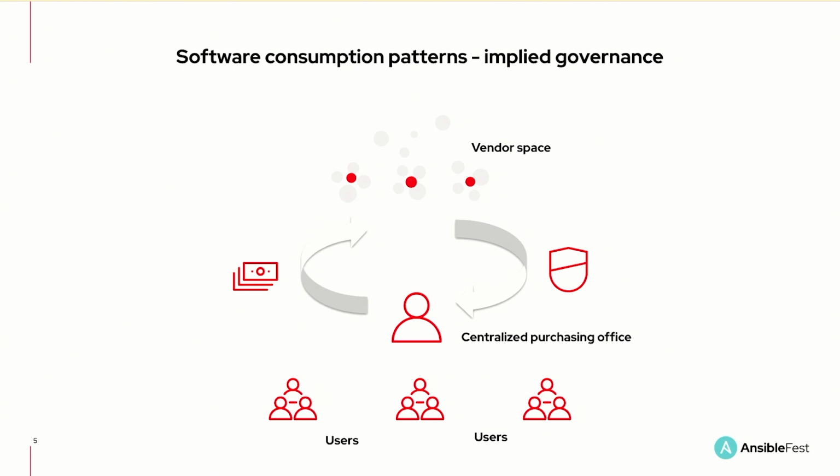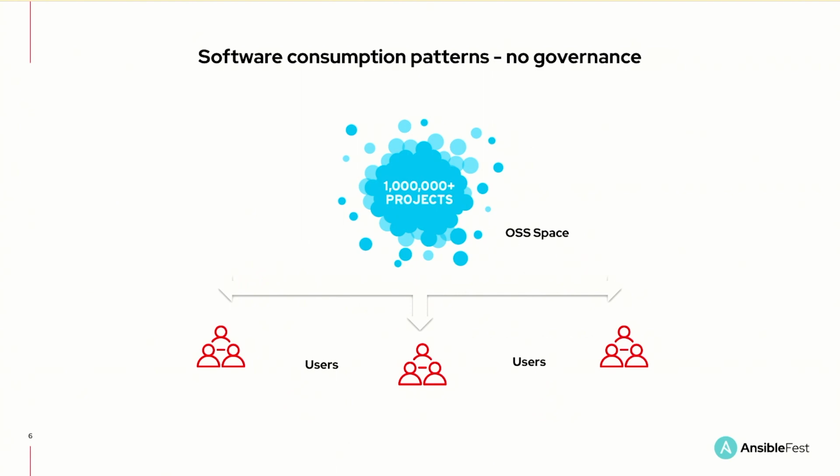That's one model. The other model is pretty much Wild West, right? There are a million plus open source projects out there, plus a whole bunch of scripts that you can probably get ChatGPT or Stack Overflow to generate for you, and you just implicitly trust them, right?